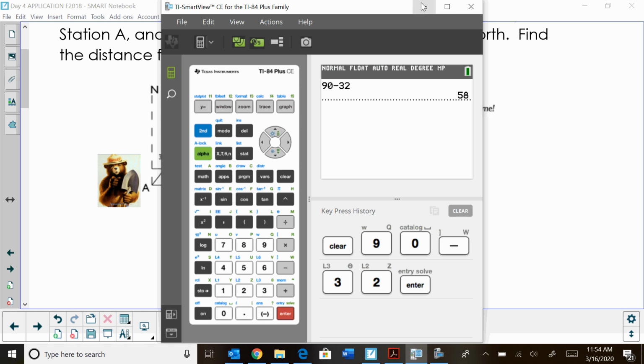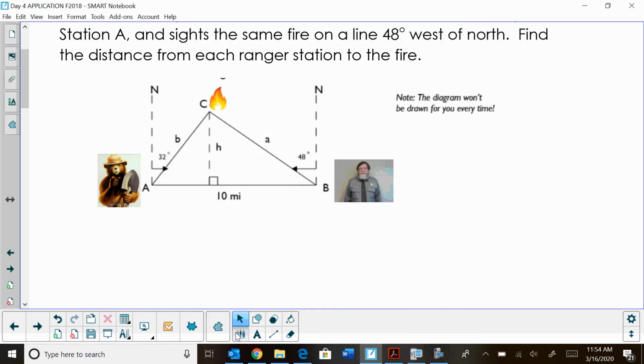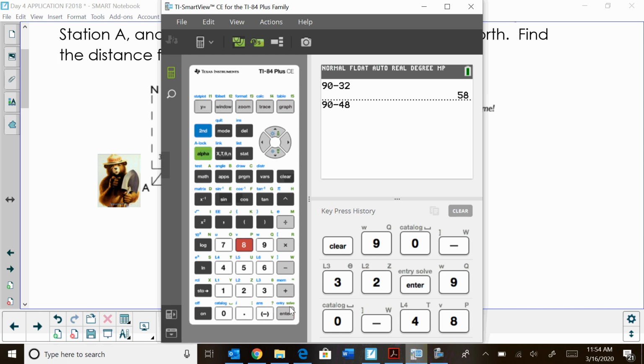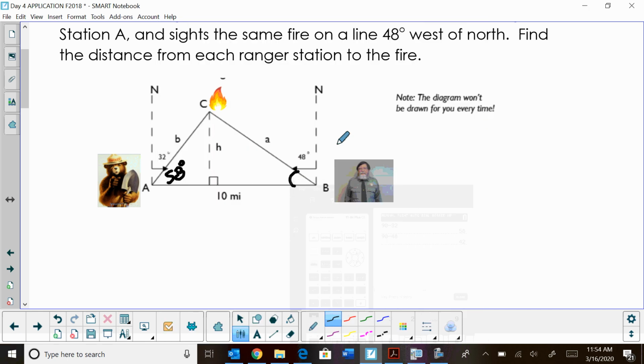That interior angle is 58 degrees. And I'm going to do the same thing on this side. I'm going to take 90 and subtract 48 and I get my interior angle of 42 degrees.